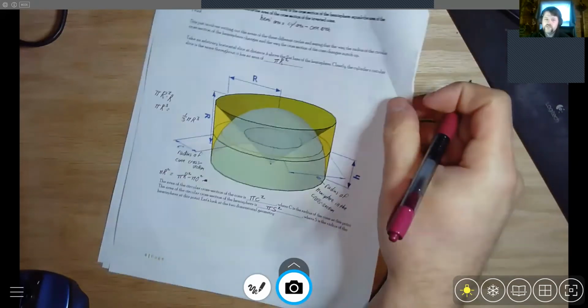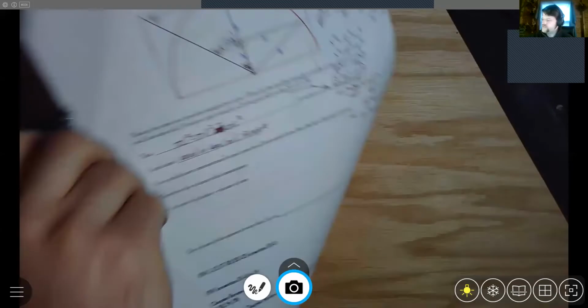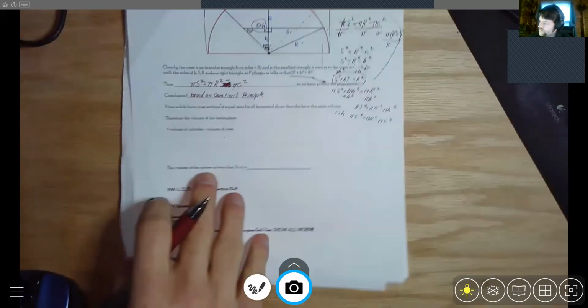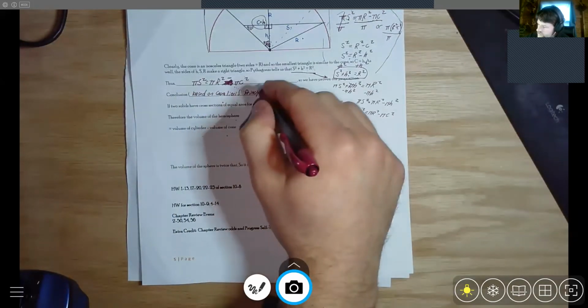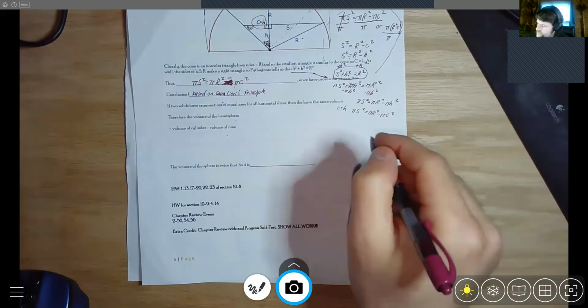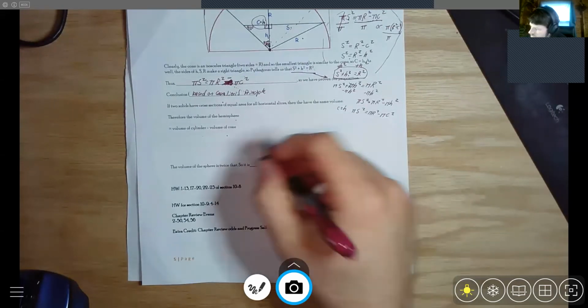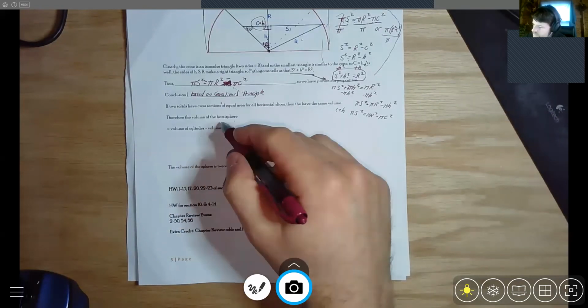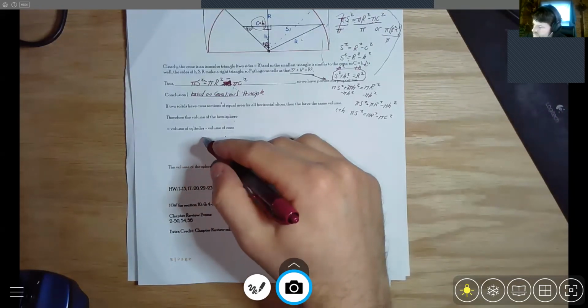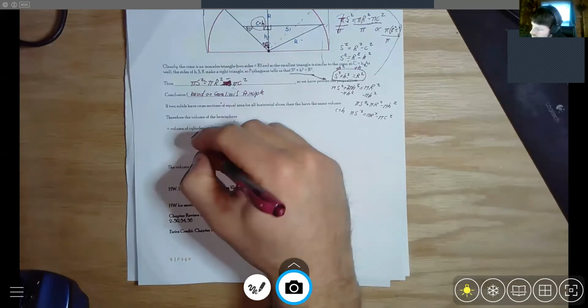So let's think about that a second. Going back here, we can use this formula to help us out. The volume of the hemisphere equals the volume of the cylinder minus the volume of the cone.